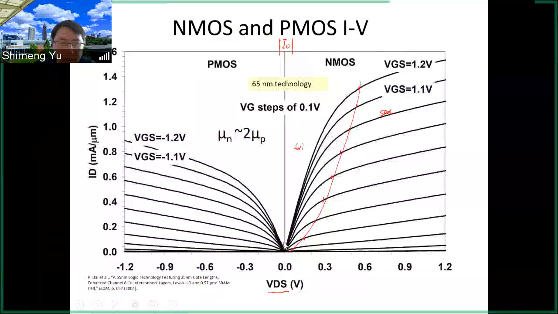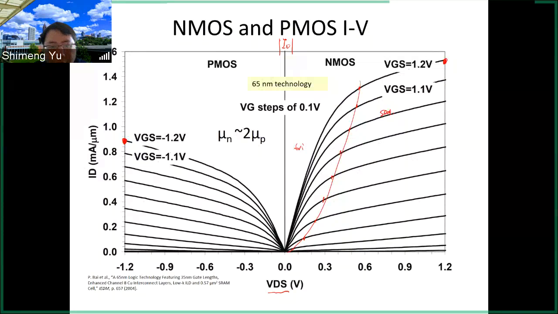But here you see that at the same bias condition, for example, VGS, if you only think about the absolute value, then it's 1.2, and the VDS here 1.2 absolute value. So that is this point. So this is the current at VGS absolute value 1.2, VDS absolute value 1.2. So this would be similar to the NMOS at this point, which is VGS 1.2, VDS 1.2.